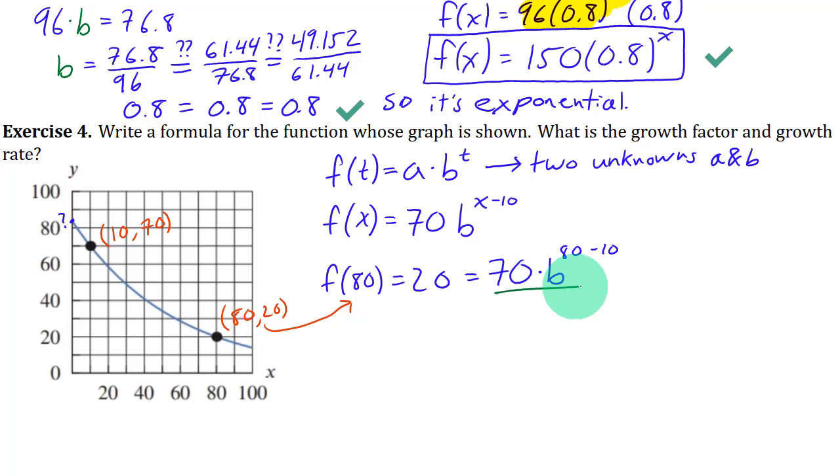So I'm going to divide both sides by 70. That just reduces to 2/7 equals b to the power 80 minus 10, which is 70. Now, to undo that power of 70, you can raise both sides to the 1 over 70 to make those exponents multiply to get 70 times 1/70th, which is basically the same thing as doing the 70th root of both sides.